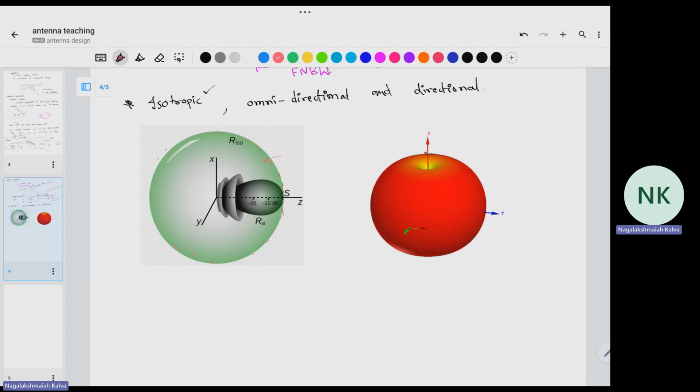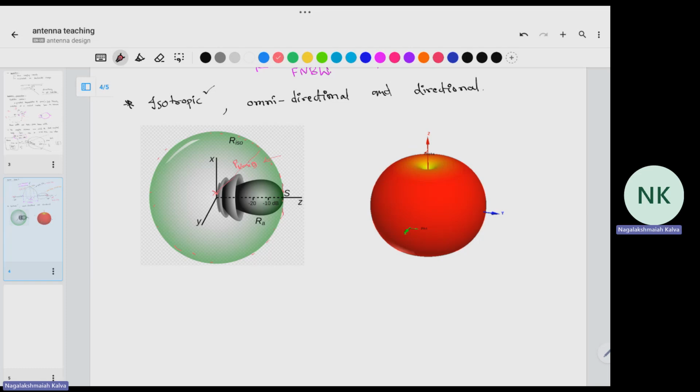As we reduce the radius towards the center, the intensity varies. P varies with a radius. This is isotropic radiation.